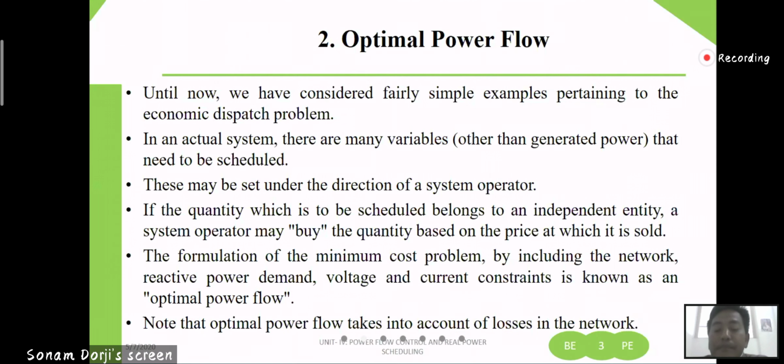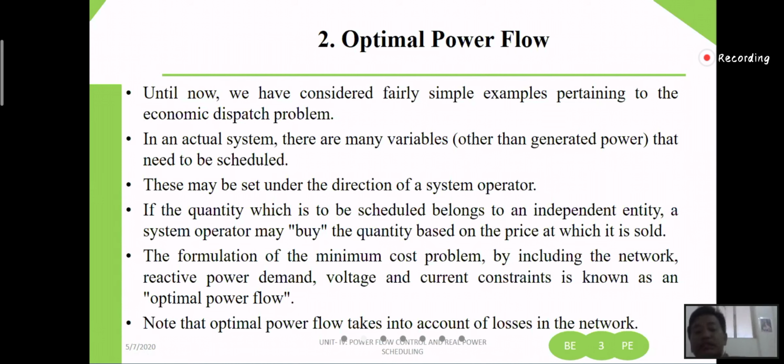For example, BPC is carrying out transmission and distribution in Bhutan, but BPC is not generating. BPC has to buy from the DGPC. In such a case, the system operator has to buy that power from that entity. For example, BPC buys from the DGPC a quantity based on the price at which it is sold.